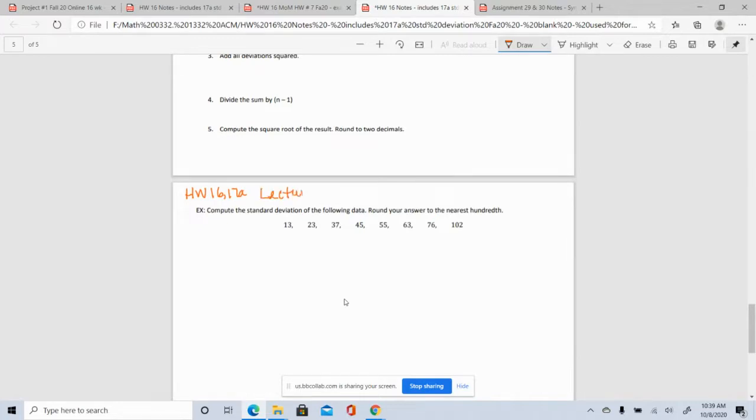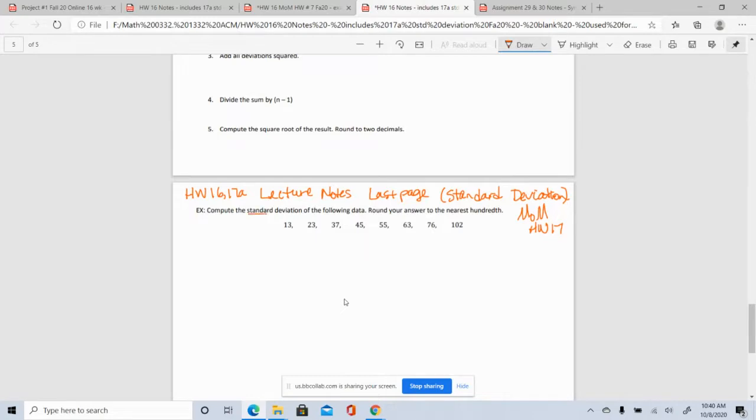Lecture notes. And this is the last page. So we're going to be talking about standard deviation. And again, standard deviation is going to be on your homework 17. Okay?